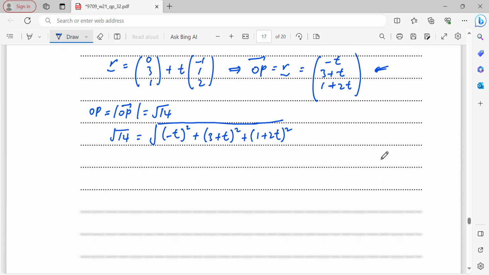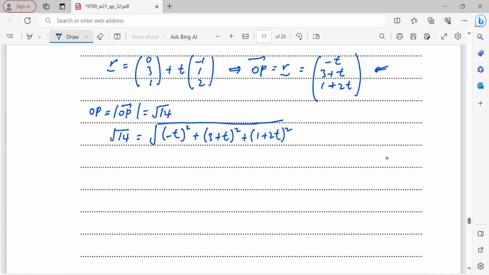Okay, so now we can square both sides to eliminate the square root. Therefore, 14 equals to, now do expansion, square of negative t is t squared. Square of 3 plus t will be 9 plus 6t plus t squared. And then square of 1 plus 2t is 1 plus 4t plus 4t squared.